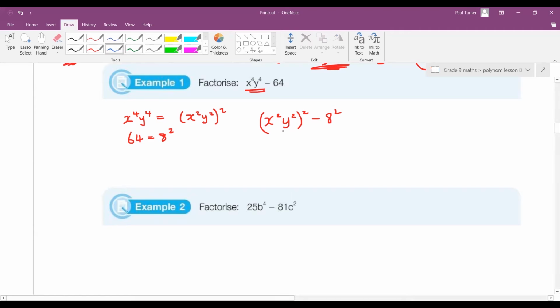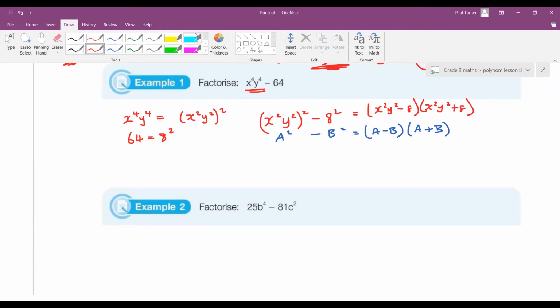Let's write that underneath. a squared minus b squared, which we know is a minus b, a plus b, and then we just put these numbers in. So that would be equal to x squared y squared minus 8, x squared y squared plus 8. And that would be your answer there.